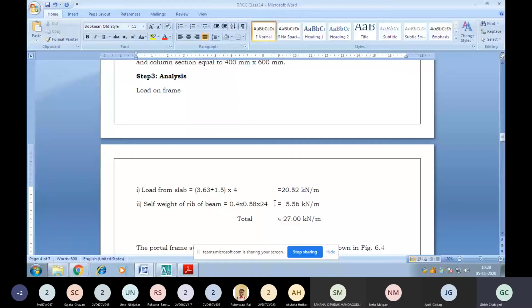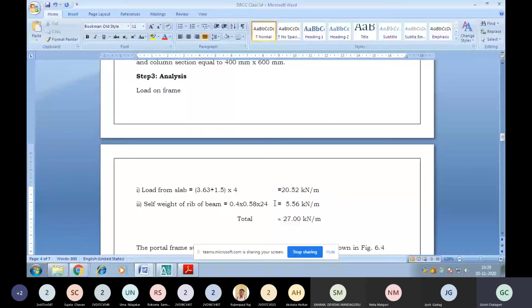Then the self weight of the beam. We know the beam size is given as 400 by 700. In that 700, the 120 mm thickness of slab should be deducted because it is included in the slab. So 700 minus 120 leaves 580 mm as the depth of the rib. So 0.58 into 0.4 into the density of concrete, 25, we get the self weight of the rib of the beam, which is 5.56 kilonewton per meter.